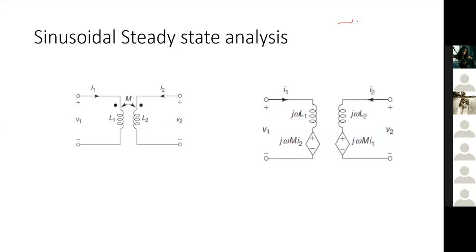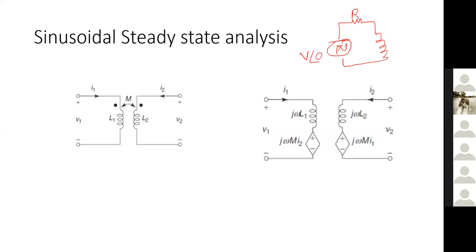So let us consider a simple circuit like this. This voltage is V. RMS value is V angle 0.